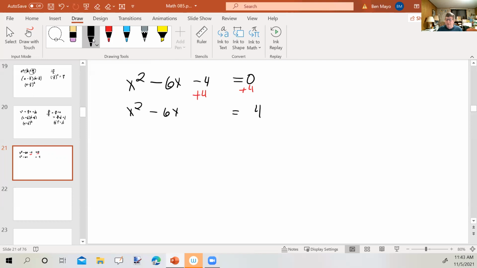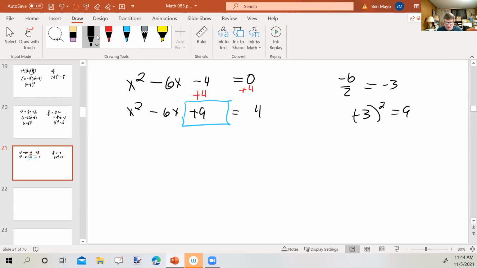Then I'm going to rewrite the equation, but I'm going to leave a space here. Okay? And the reason for that is this. Now, I'm going to take the left side of the equation and turn it into a perfect square trinomial. So I take the -6, coefficient of x, divide it by 2, which is -3. I square that, which is 9, and I add 9 to the left side of the equation to turn it into a perfect square trinomial.